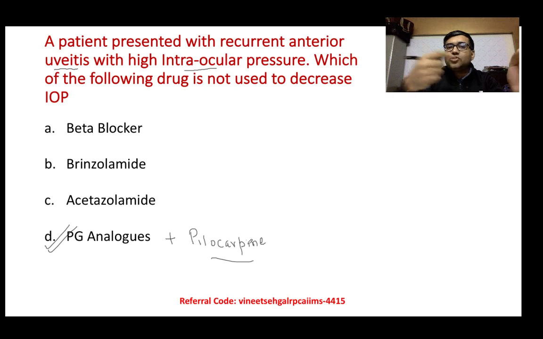Treat uveitis, and your pressure itself would come low. That's why even in patients of hypertensive uveitis, we can use steroids, because steroids can decrease the uveitis, and decreasing the amount of uveitis can itself decrease intraocular pressure.